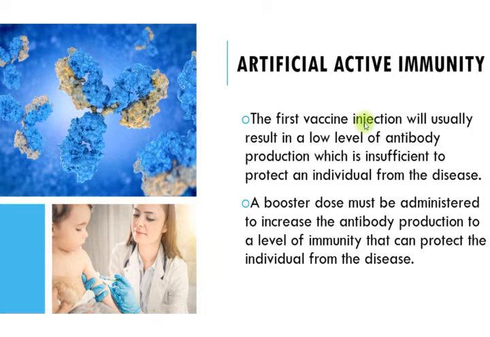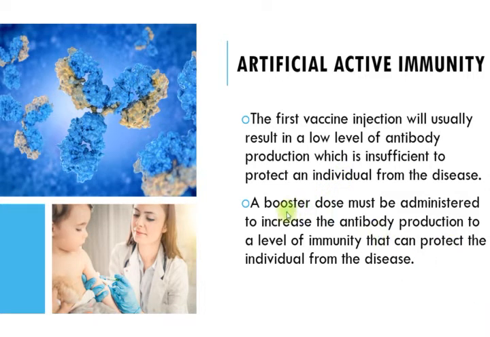That's why we have to get the second dose of the injection. Why do we have to get the second dose? Because the first vaccine injection is not enough. It just results in a low level of antibody, so it is insufficient to protect against the disease.